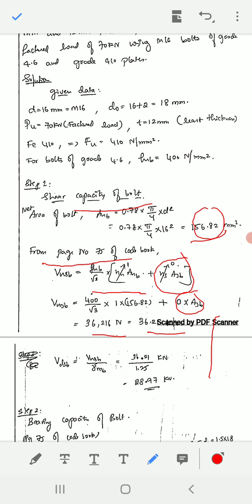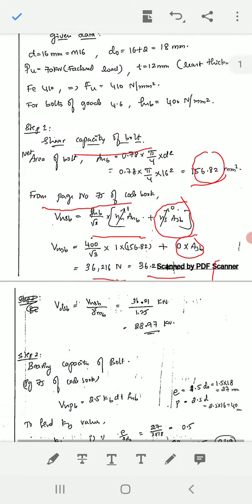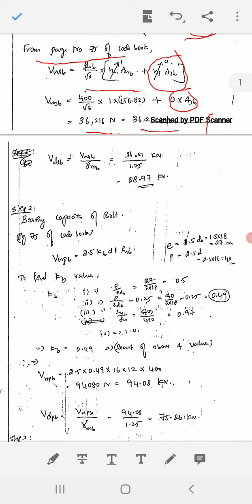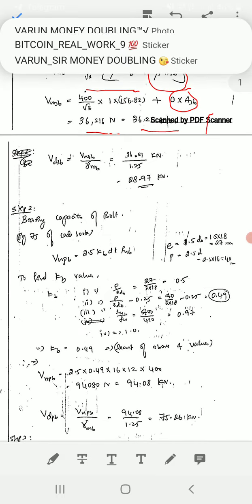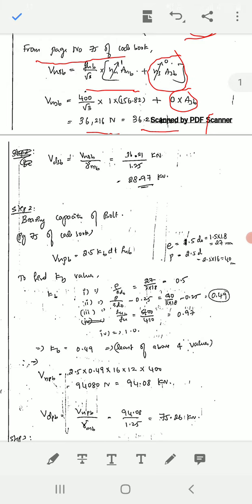Then you have to find out Vdsb, that is Vnsb by gamma mb. Gamma mb is 1.25. Remember 1.25. Otherwise, you can go to page number 30 of the code book, where the values are given.